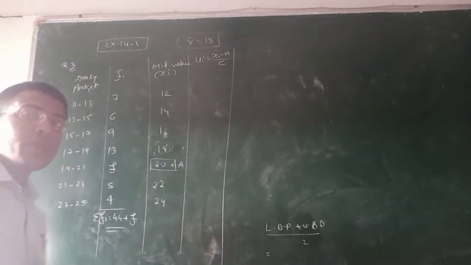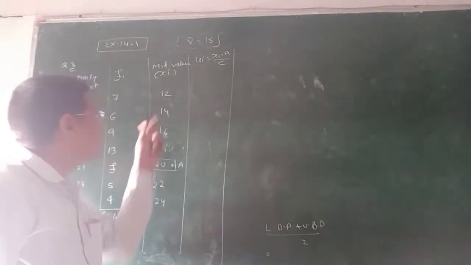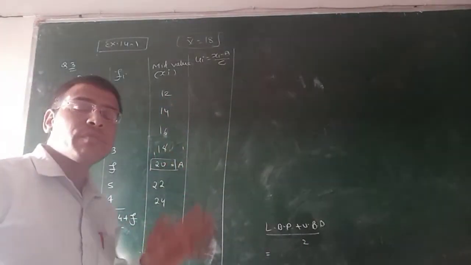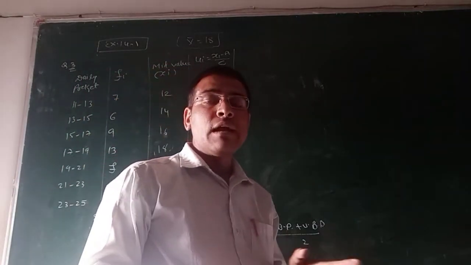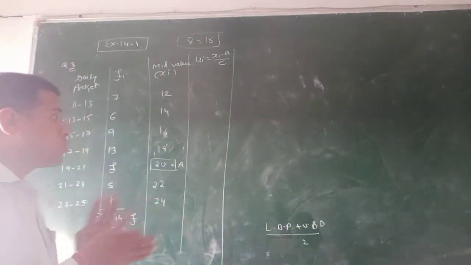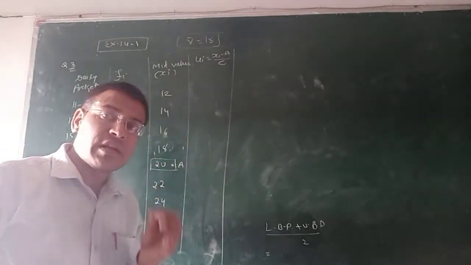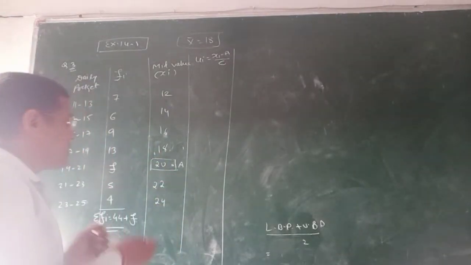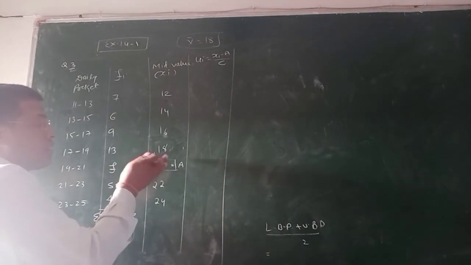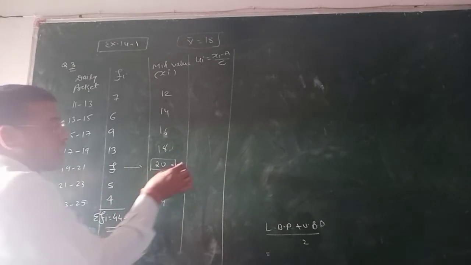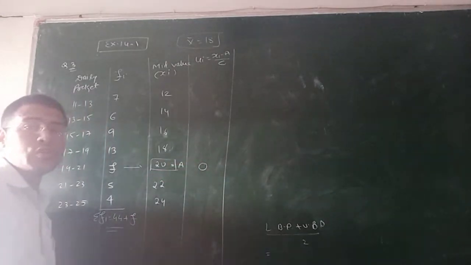I have defined this in the very first lecture. You can assume even 12, 14, 16, 18, any one of the given values as a. But if you want to make the sum very easy, we have a simple funda: assume a as the value which is in front of the missing data, so that it will become 0.